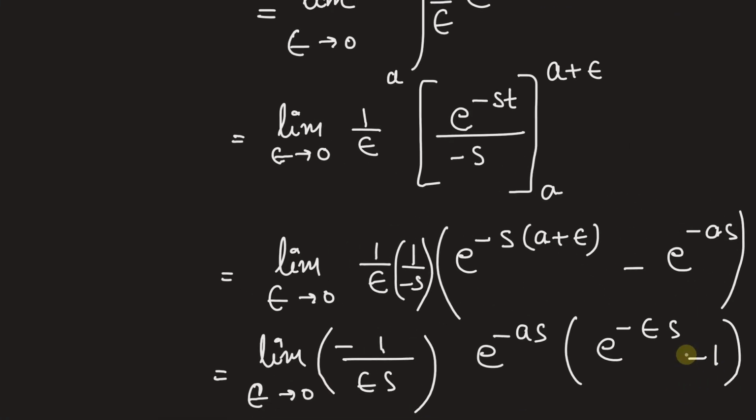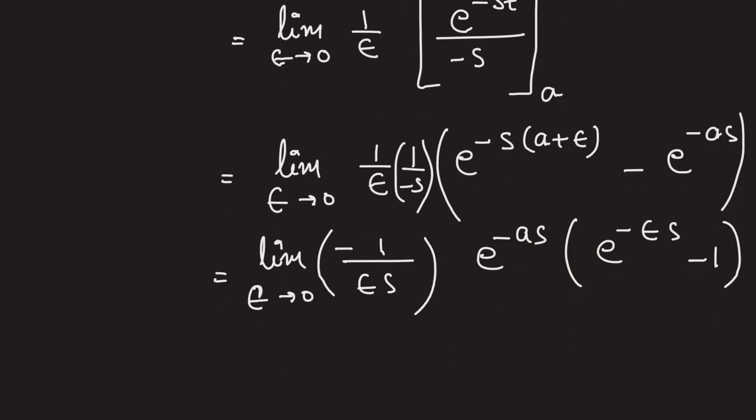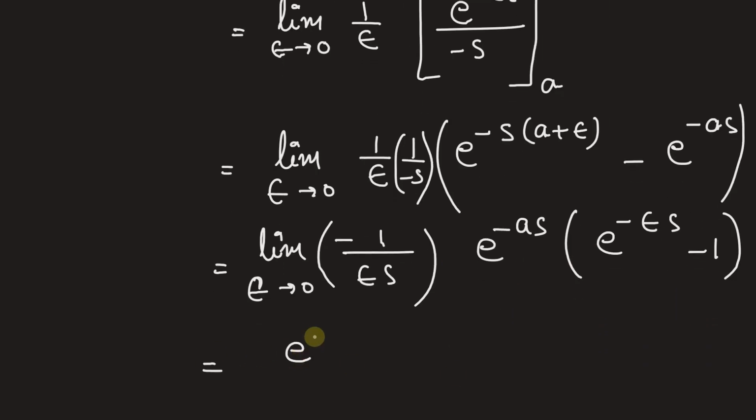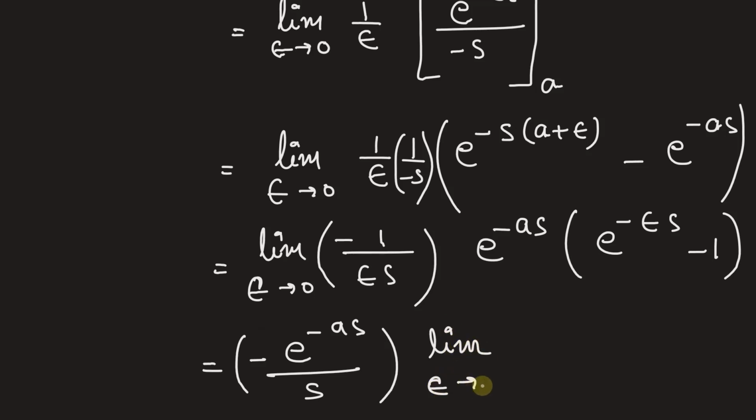Now we need to solve this limit. We can take the constant term outside, so e to the power of minus as divided by s, and let me take minus 1 outside as well. We can write it as limit epsilon tends to 0 of (e to the power of minus epsilon s minus 1) divided by epsilon.